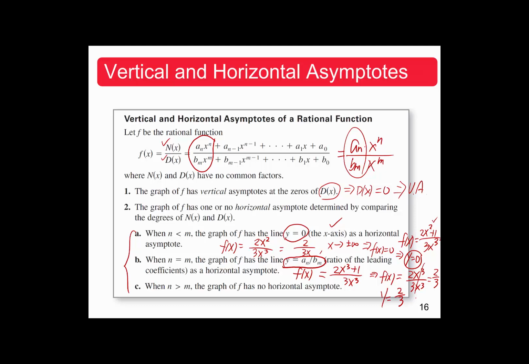And the third scenario is when the leading power on top is bigger, let's say 2x cubed plus 1 over 3x squared. Meaning the leading power on top is bigger than the leading power on the bottom, so you drop the constant as well, 2x cubed.